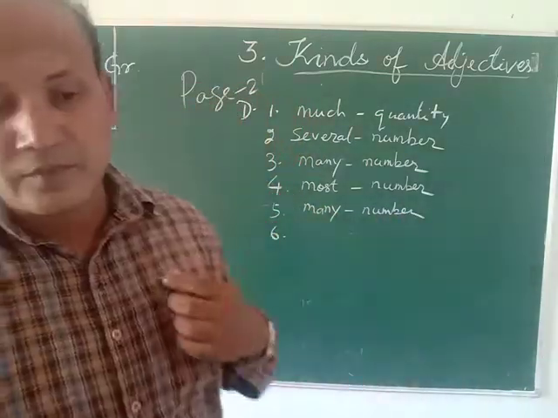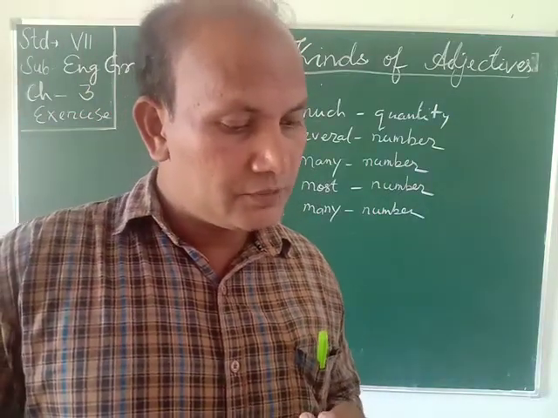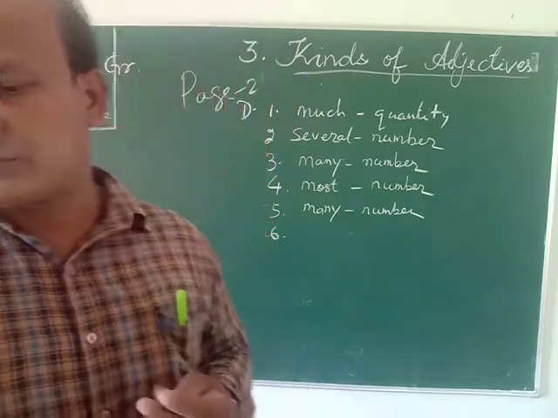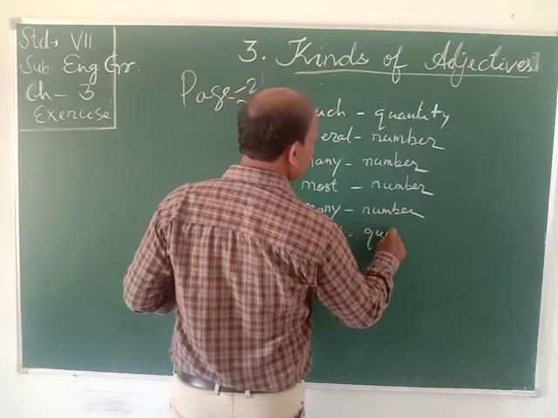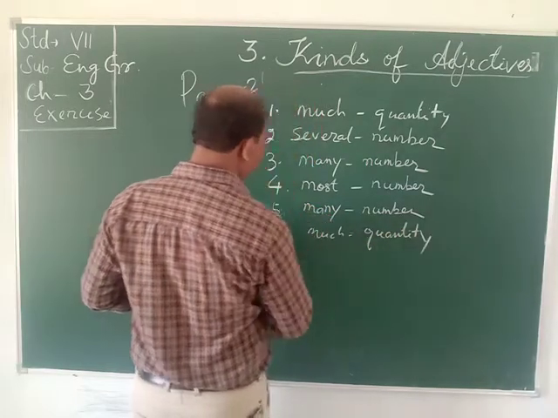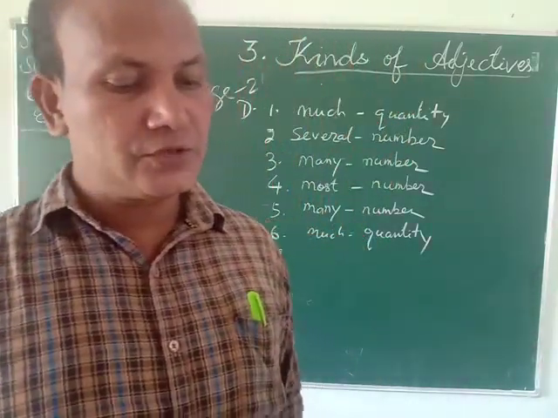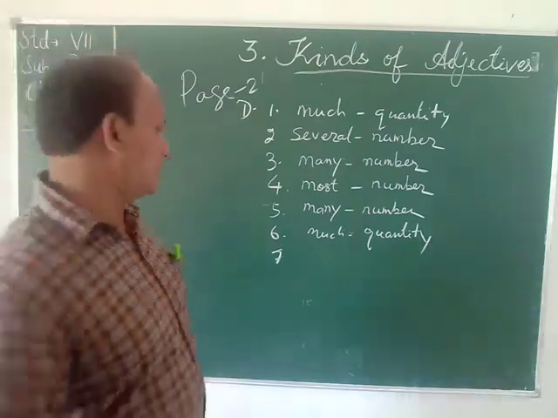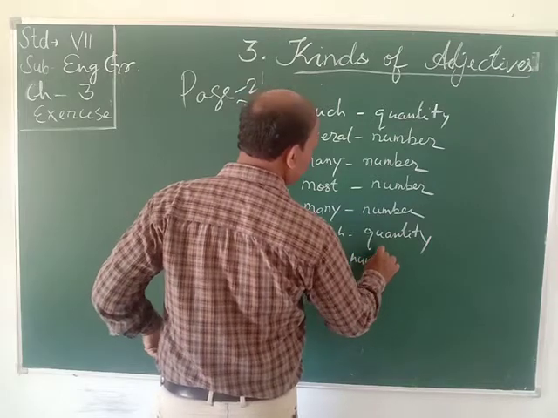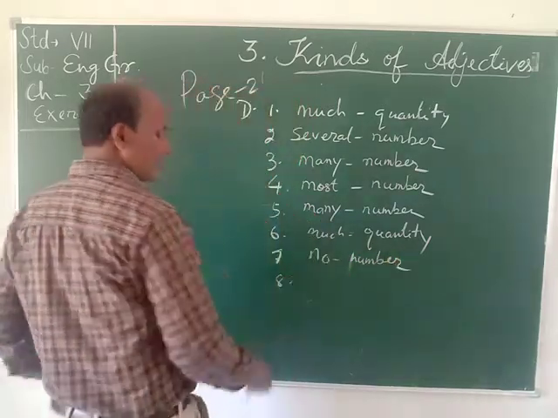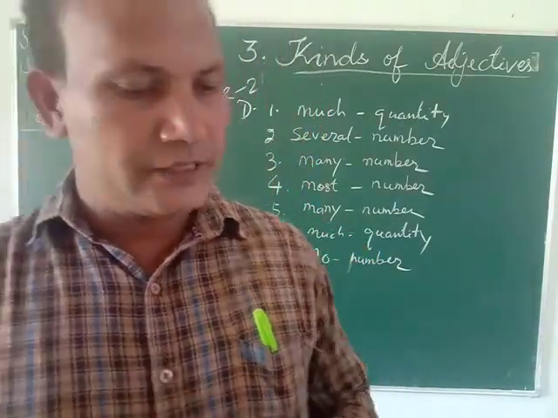Number 6 is much effort. Much is here quantity. Quantity. There are no pictures in the story, please. No picture. No is here number. Number 8.